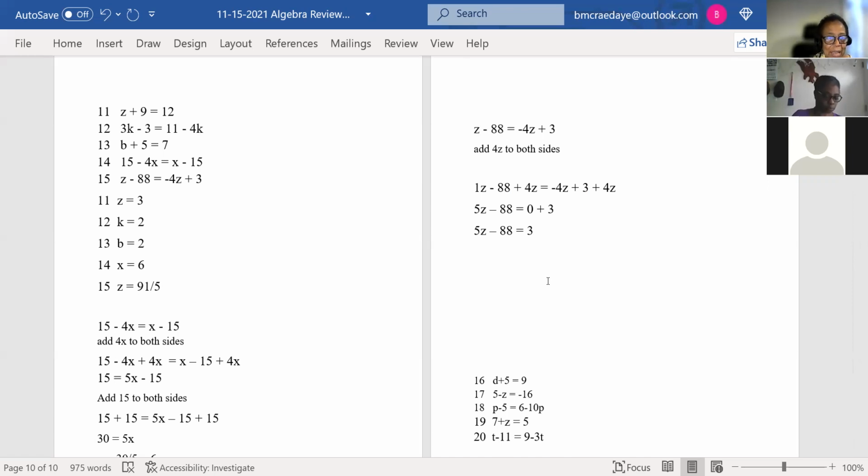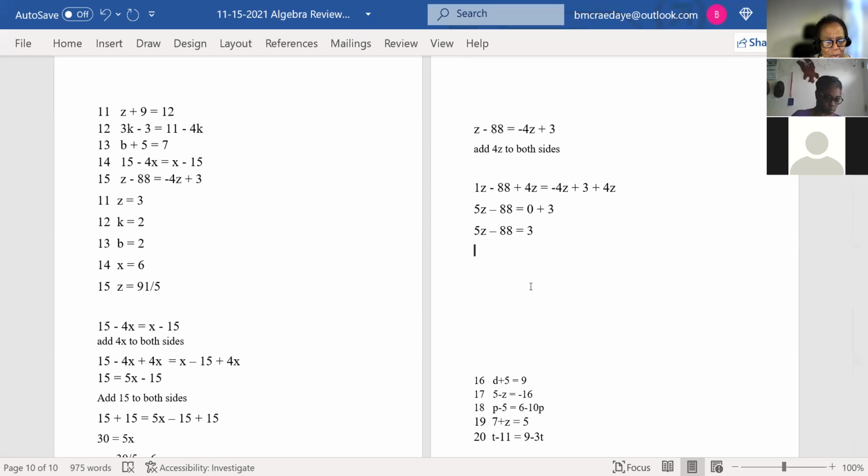So what do I do with the 88 to get it on the right side? What operation? It's being subtracted. You have to do the opposite.